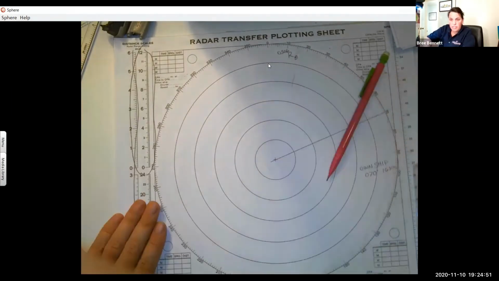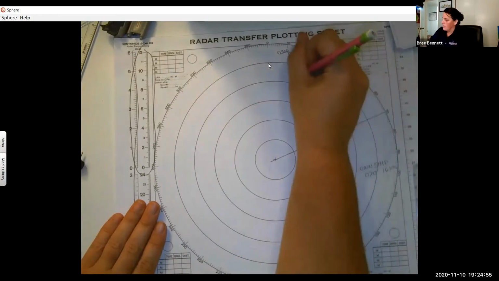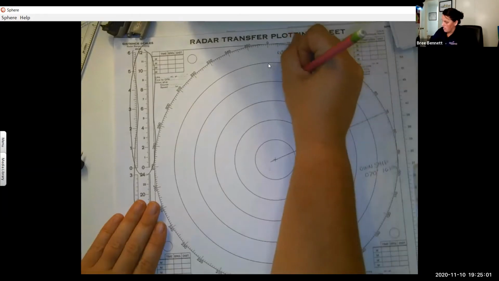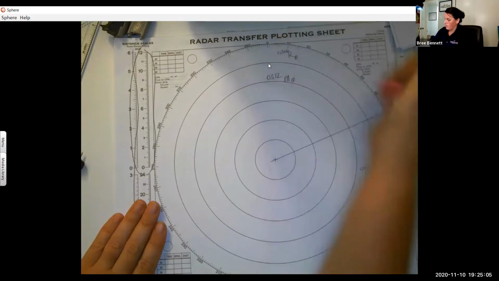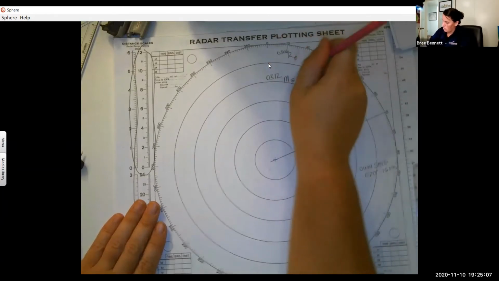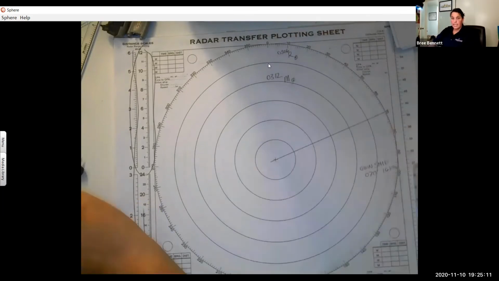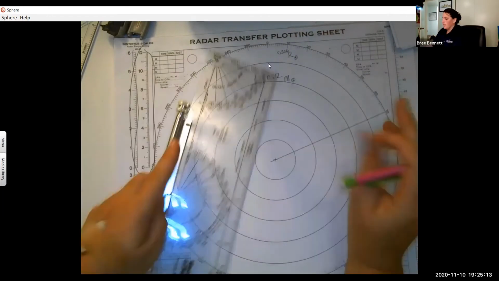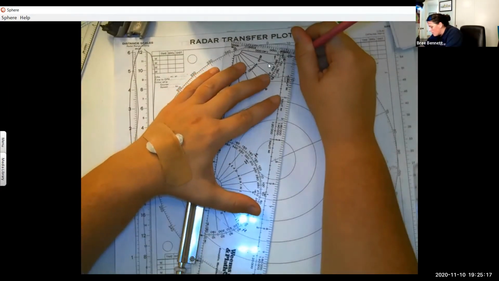And what do we label this one? M. And that was at 0312. So we have our R and our M. Now we can connect those and we get our RML, our relative motion line.